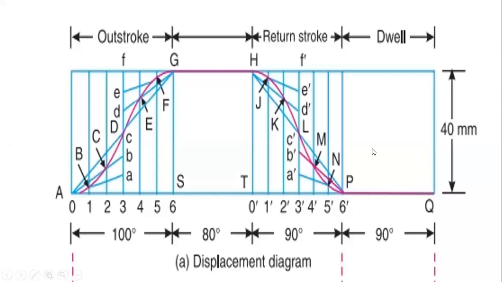Next, this is the return stroke section. The return stroke also has been divided into 6 equal parts, in which the center line, that is the third dash line, is divided into the same number of equal parts, that is 6.